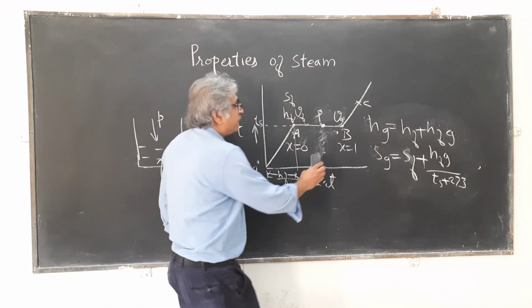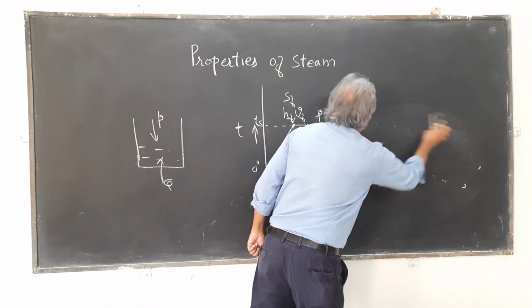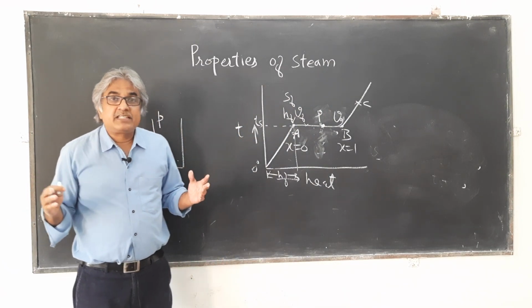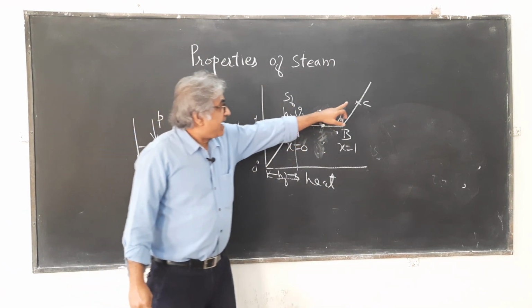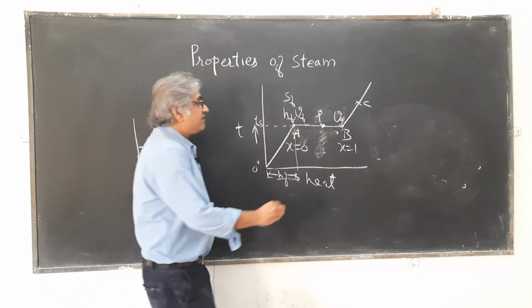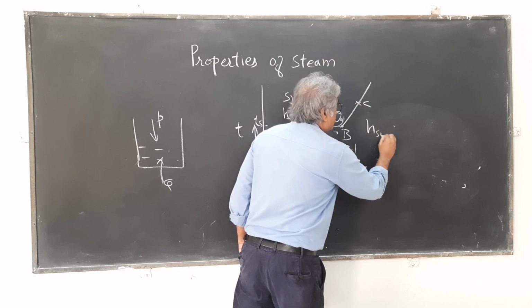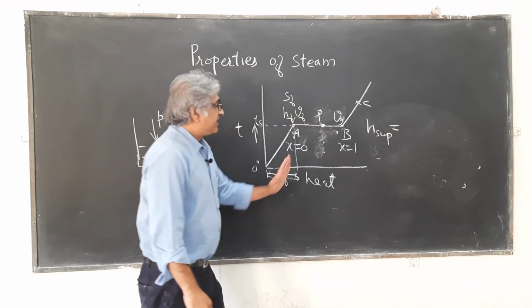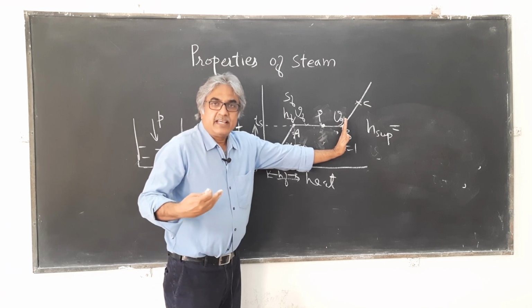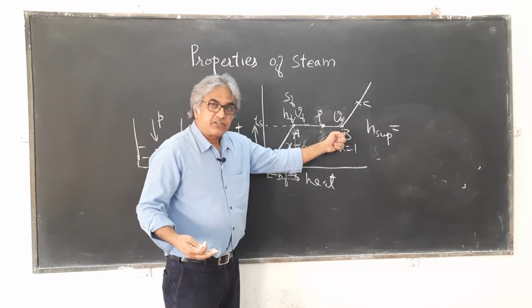Now let us say that you move to point C. Point C is the condition of superheated steam. At C, if you want to find the enthalpy of superheated steam, up to point B the heat added is Hg, the enthalpy of dry saturated steam.